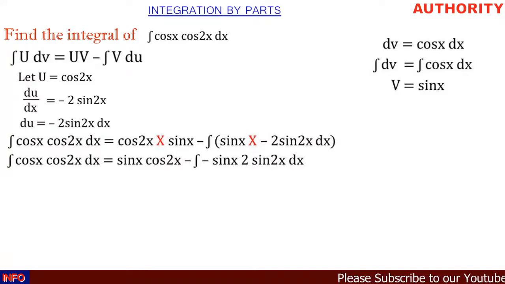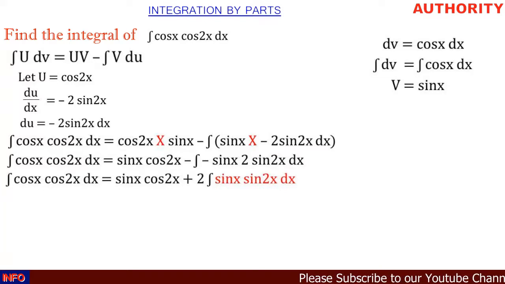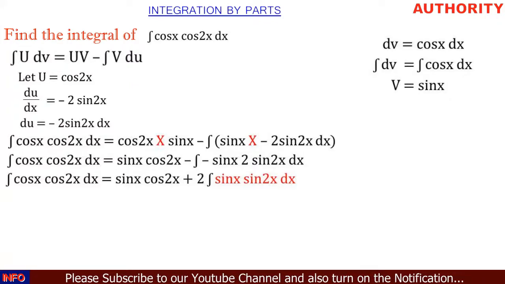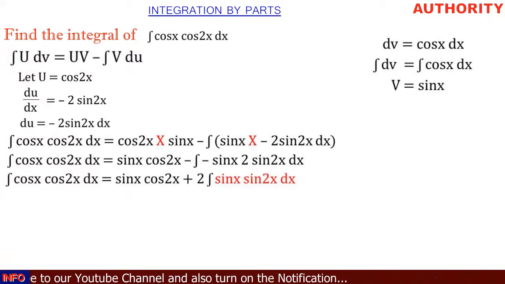So the integral of cos x cos 2x dx equals sine x cos 2x plus 2 times the integral of sine x sine 2x dx.